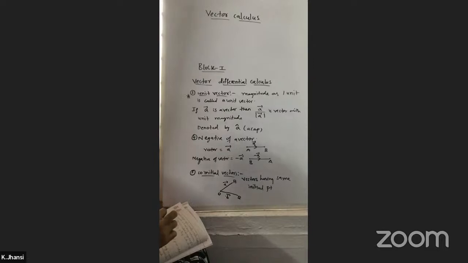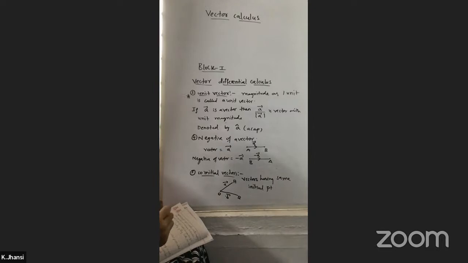Next we have rectangular unit vectors. This is an important one. For the rectangular Cartesian coordinate system, that is the X, Y and Z axes, they will have directions. The unit vectors along the positive directions of the X, Y, Z axes are called rectangular unit vectors i, j, k.